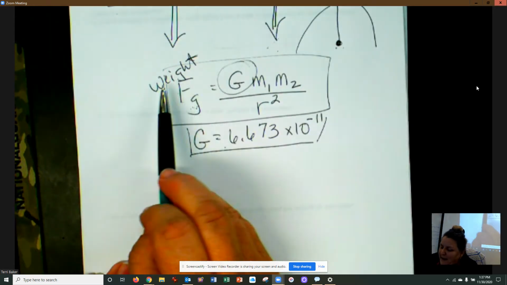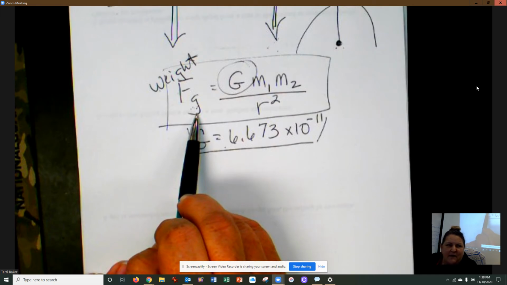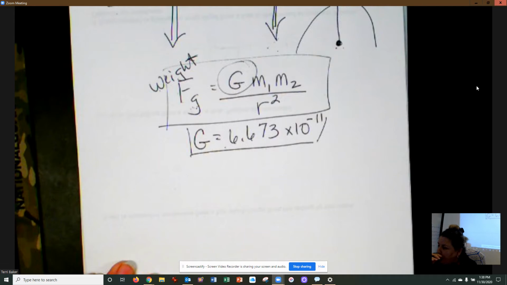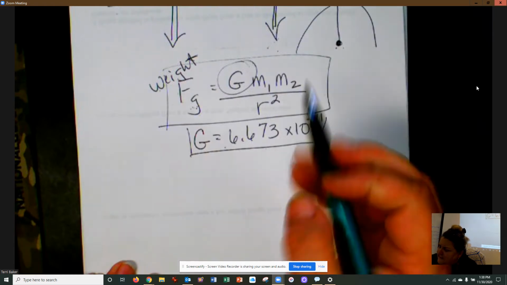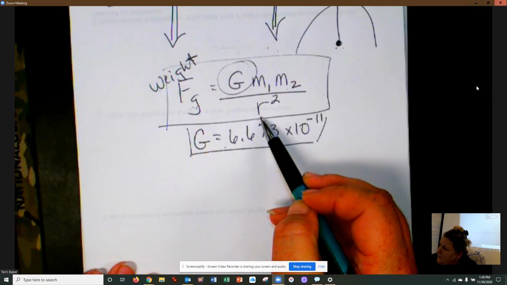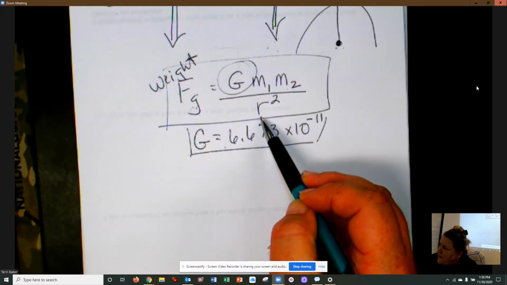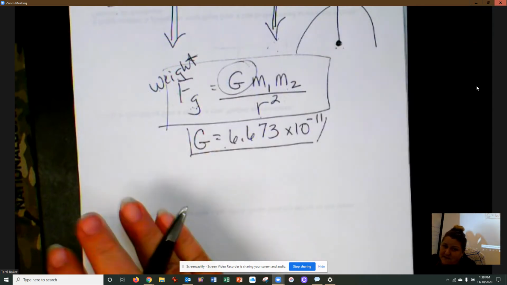So F of G, weight, is the amount of gravity that Earth is pulling down on an object. So when you step on a scale, what you're measuring is how much the Earth is pulling down on you. And it's dependent on mass and indirectly proportional to the distance between you and the other object. Okay, does that make sense?